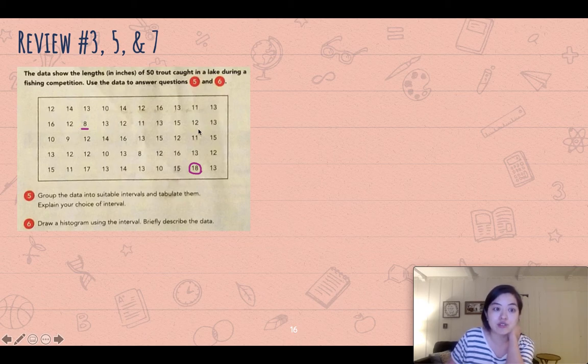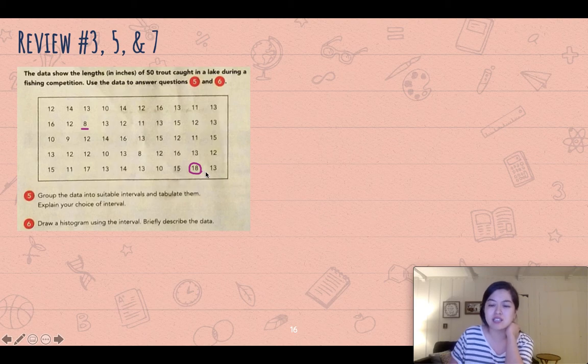After I went through all the data pieces, I found that 8 was my lowest and 18 was my greatest length. And I see from 8 to 18, the range is not too big. It's only 10, isn't it? I'll show you how to find the range a little bit later.